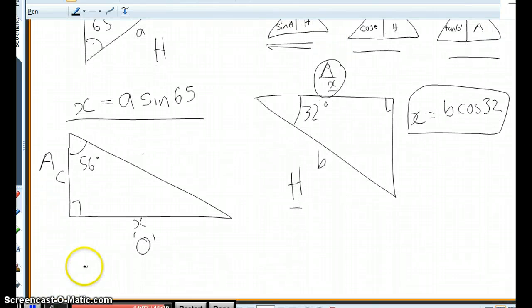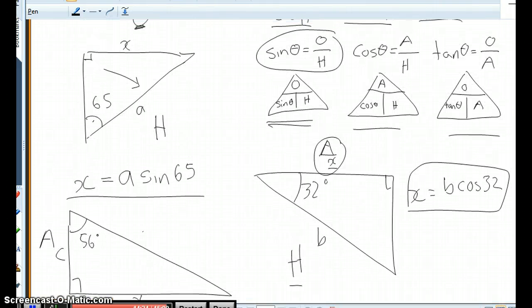So, tan of the angle, tan of 56. I'm looking for the X, which happens to be the O. Cover up the O. A times tan of the angle.